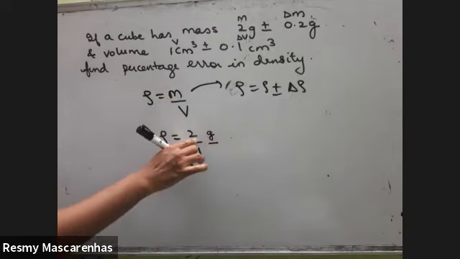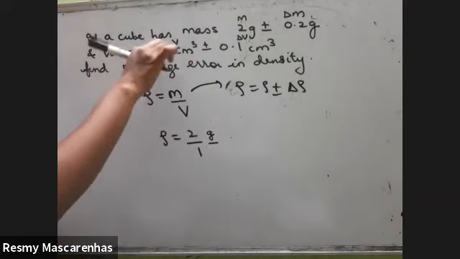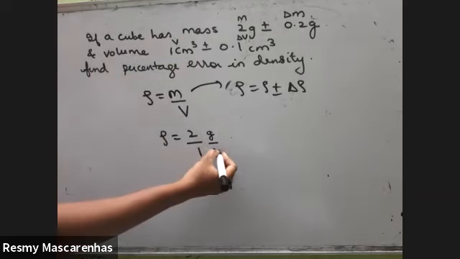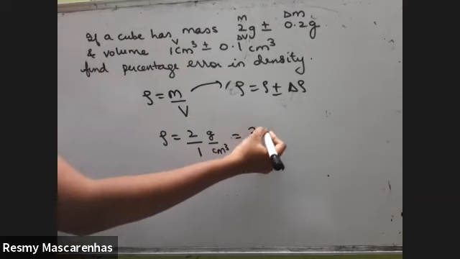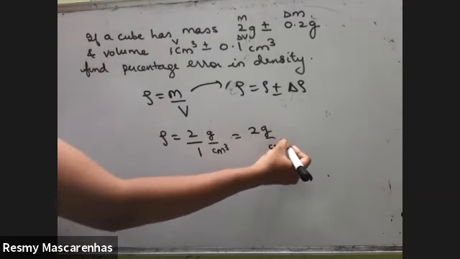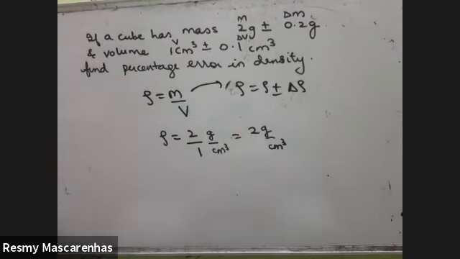This is grams and this is volume, centimeter cube. So 2 grams upon centimeter cube. Your first part is done, that you got your rho.